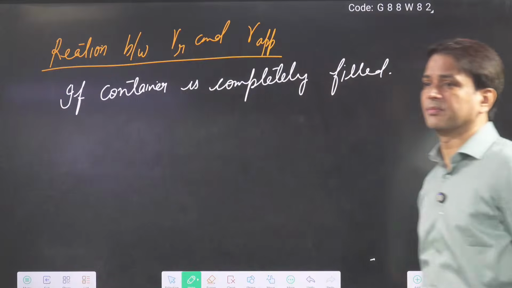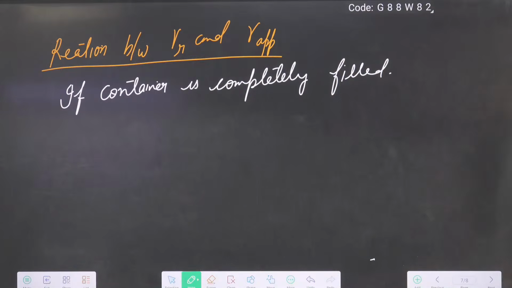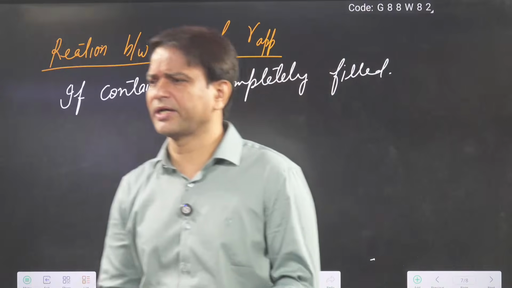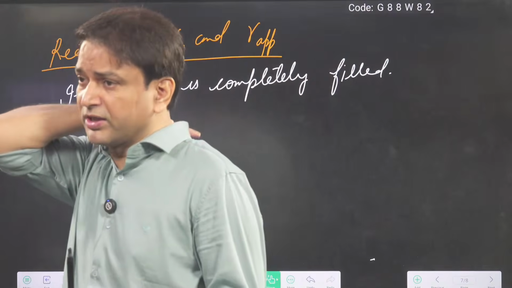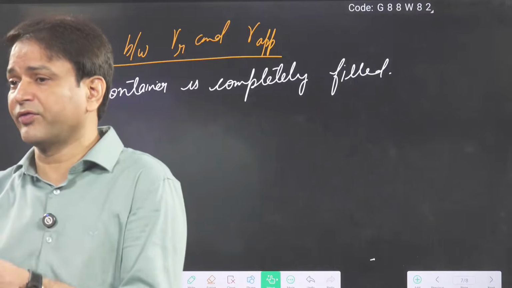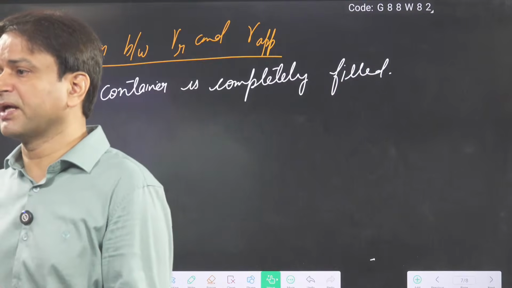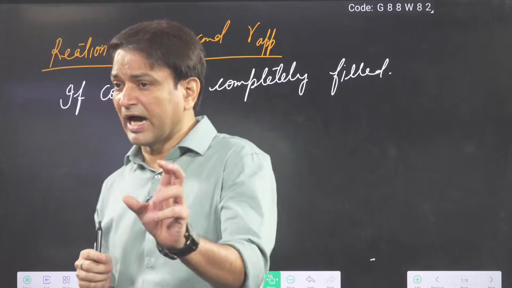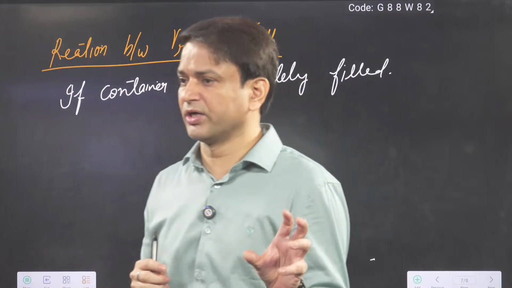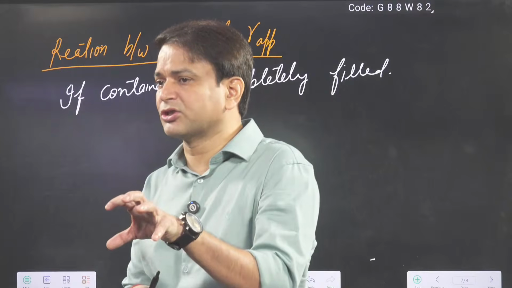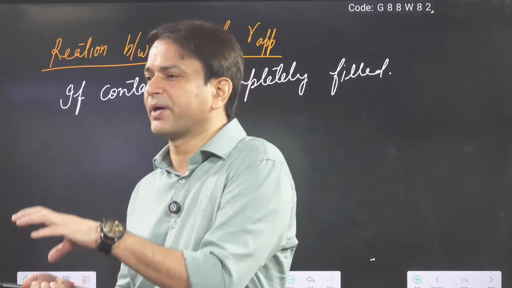If the container is completely filled, then we can easily derive it: delta V of the real is equal to delta V of the container plus delta V apparent. Like 9 is the actual expansion of the liquid, and 9 is equal to 5, the expansion of the container, plus 4, the apparent expansion.